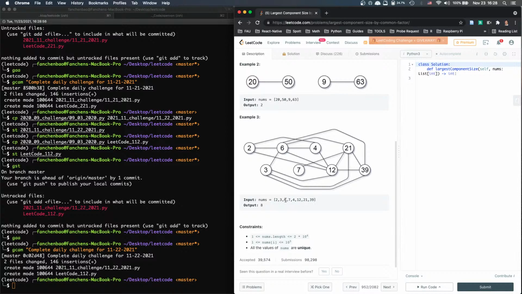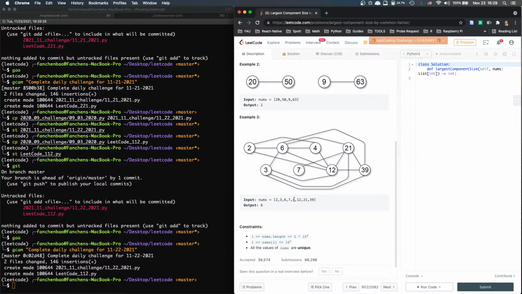And 6 with 4. How do we know 6 and 4 are unioned? They need to share a common factor. How do we find that? GCD. Python has GCD, so we can calculate GCD for every single one of them.